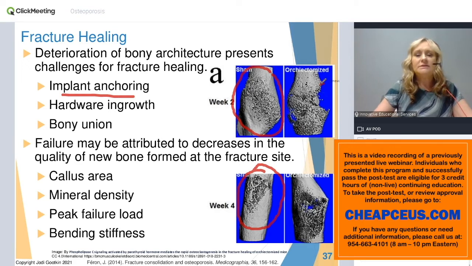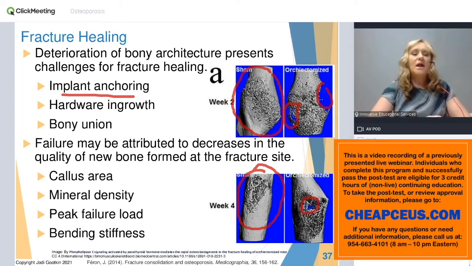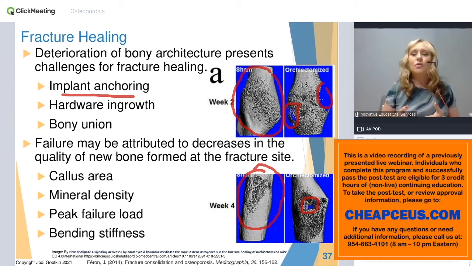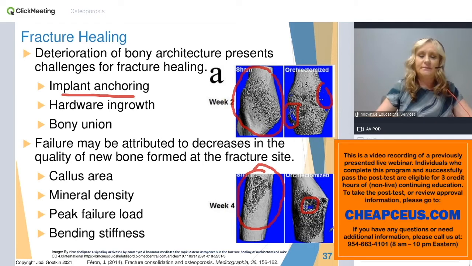On the right-hand side, we're seeing huge gaps here on the top and the bottom in the formation of the bone. And we see that when bone heals that's osteoporotic, it does not heal with as strong a mineral density because it was unable to develop that in the first place, and it has a greater load failure, meaning it's not going to take as much force against it to fracture it again.